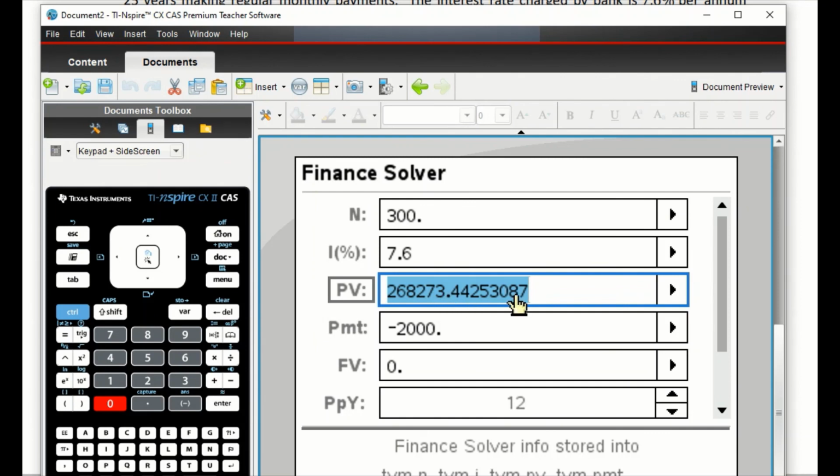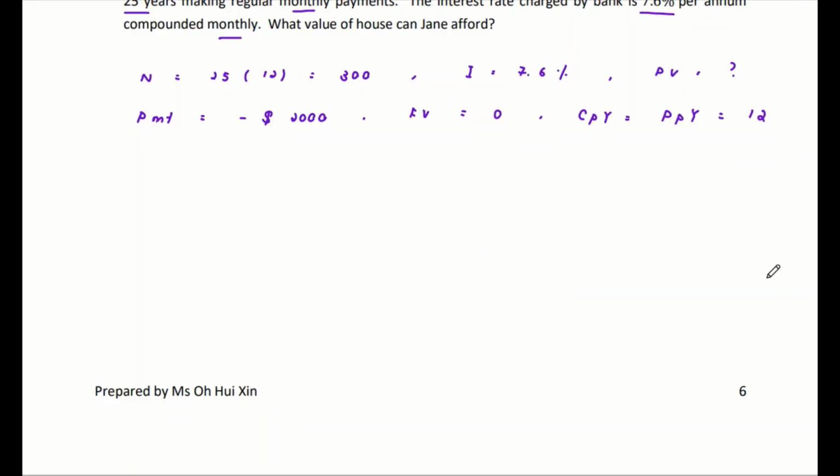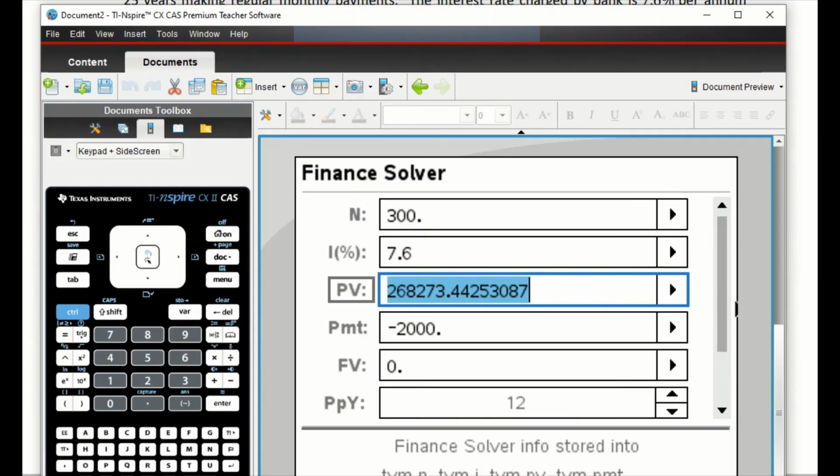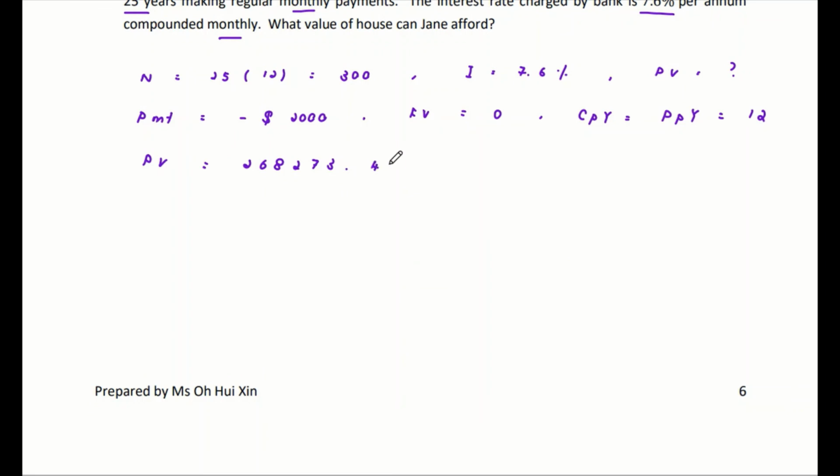So let's copy this answer. We have PV equal to positive 268,273.4425.